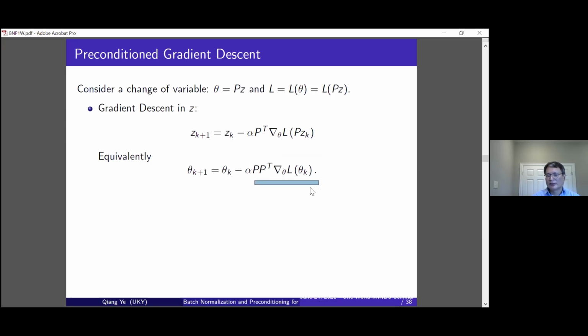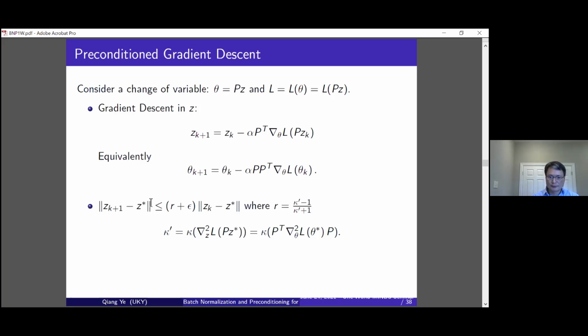So I have an equivalent iteration in terms of theta. The only difference is that the gradient in theta is multiplied by P P transpose. That's the effect of the change of variables.